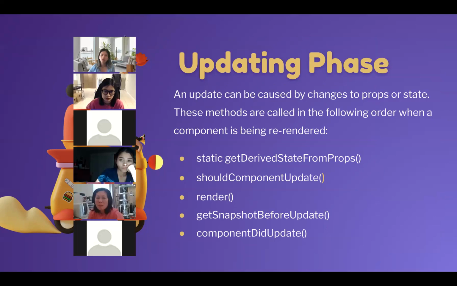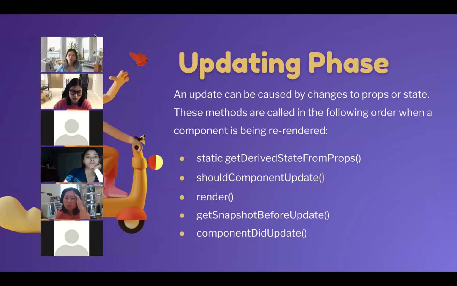The second phase is called the updating phase. When the component first mounts into the DOM, it's called mounting. But every time the state changes in React, it will re-render again. So that time we don't call it mounting anymore; we call it the updating phase.